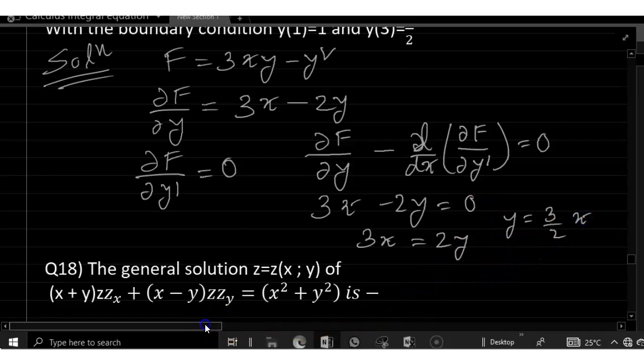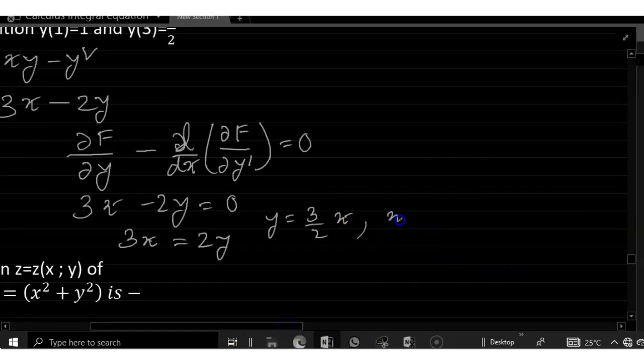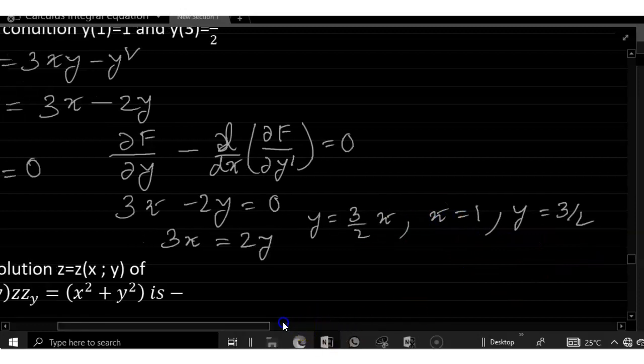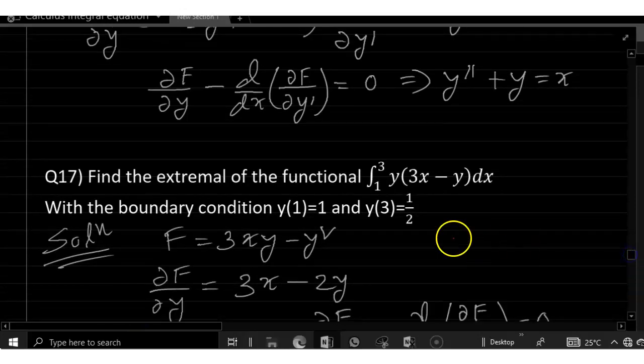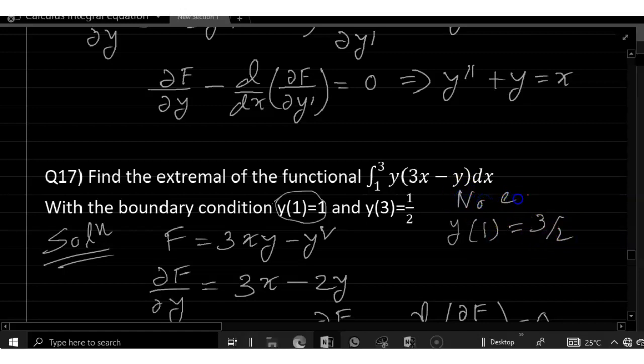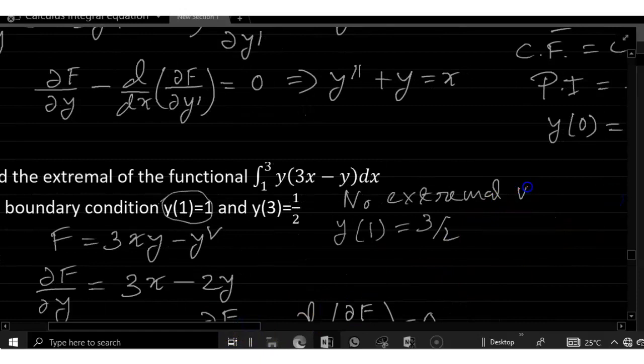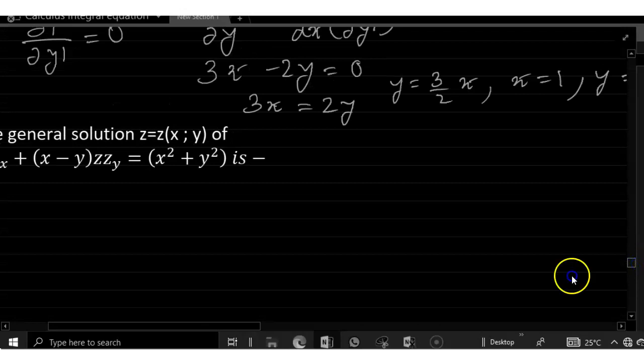So y equals 3 by 2. But in my question, when y equals 1, then x equals 1. But we see y equals 1 gives 3 by 2. So no extremal values. No extremal values.